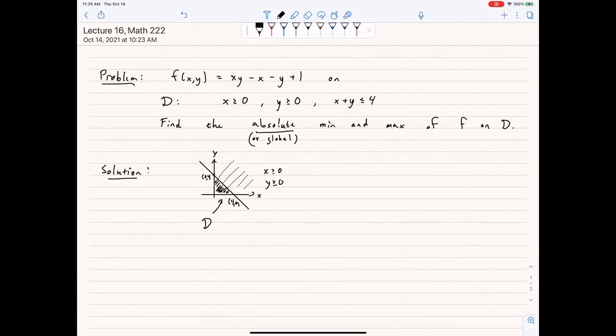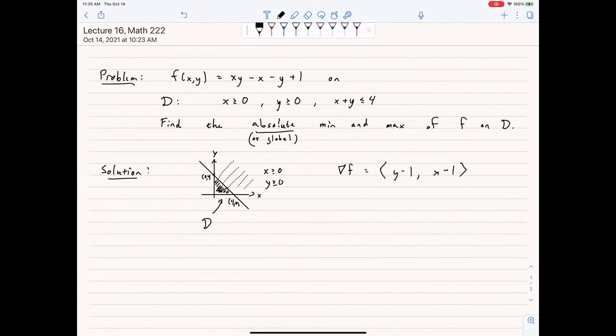So now, let's go ahead and try to solve that local problem. And we don't really need the picture to find critical points. We can just go ahead and take the gradient of f and set it equal to 0. So first we'll calculate the gradient. We take the partial of f with respect to x, that gives us y minus 1. The partial of f with respect to y gives us x minus 1.